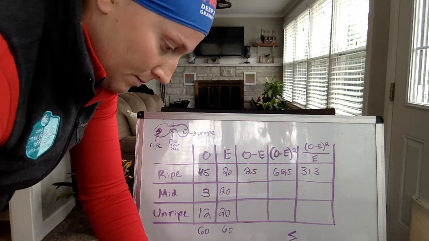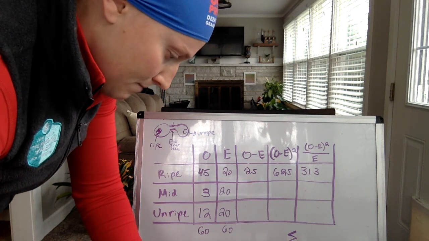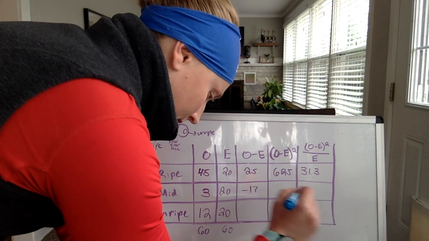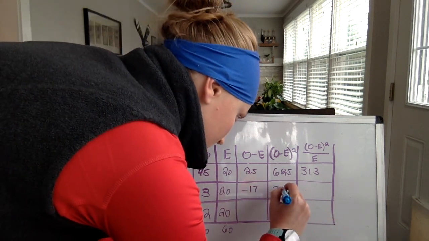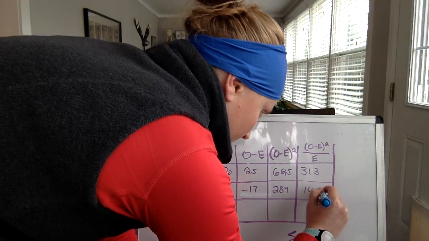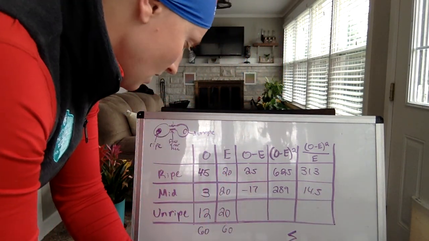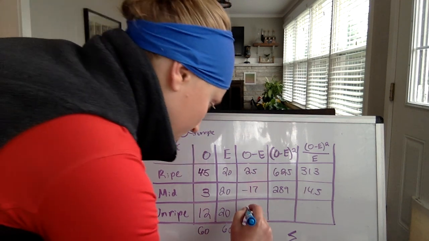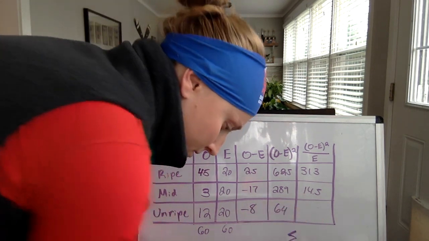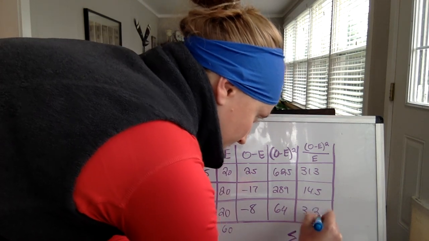That's where you get these bigger numbers from. The middle is where you have -17, 289, and 14.5. And then unripe, here's your -8, here's your 64, and 3.2.